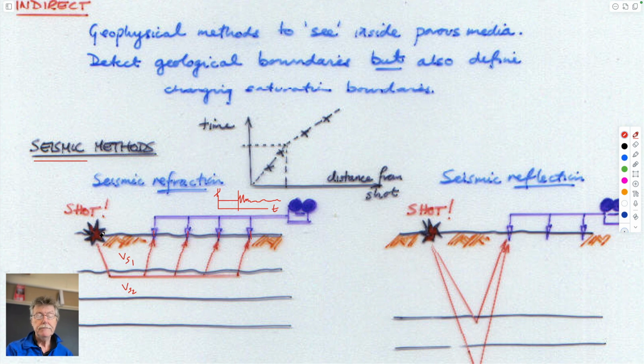This shot might be a sledgehammer with an electric cable on it to close a circuit, or it could be a stick of dynamite. But what it does is it puts seismic waves into the ground, and they will travel either by going down to the fastest layer, going across and then up through a slow layer, or by reflection. So they'll either refract or they'll reflect.